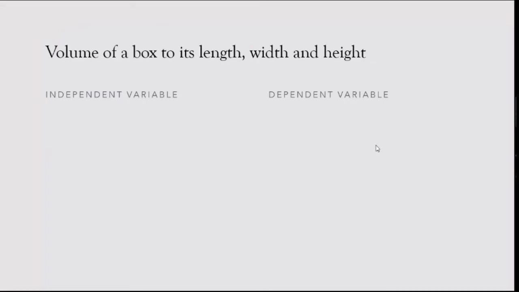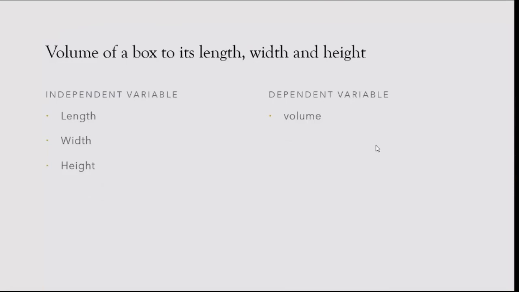Volume of a box to its length, width, and height. So we have now length, width, and height as the three variables involved in the volume of a box. Okay, so the independent variable here is the length, width, and the height of a box, and the dependent variable will be the volume.